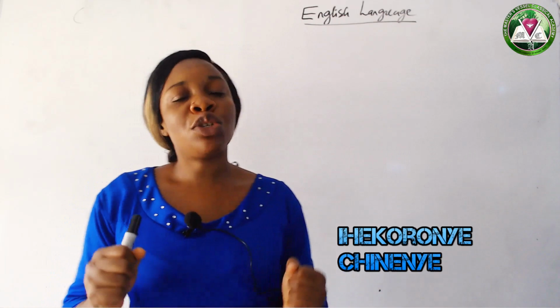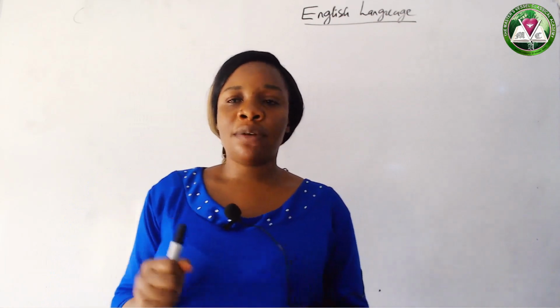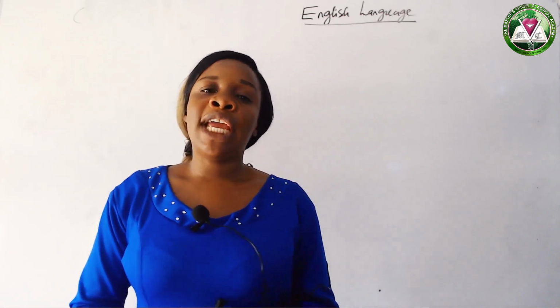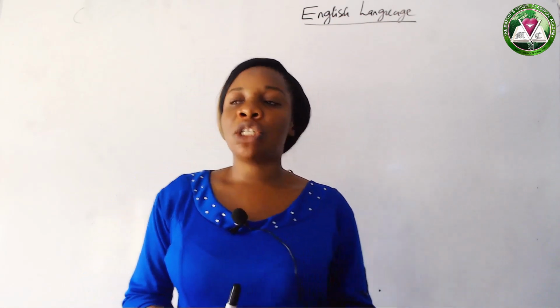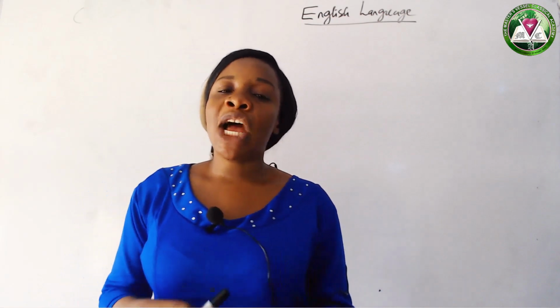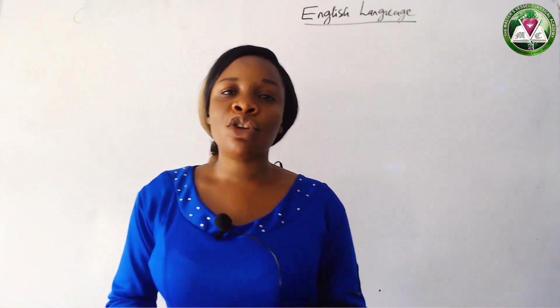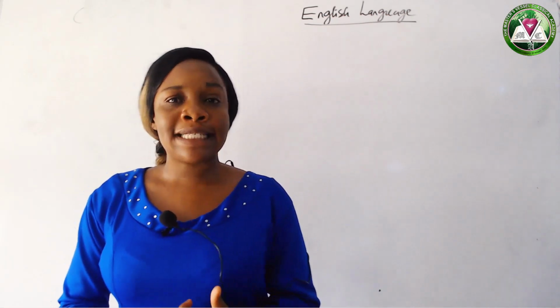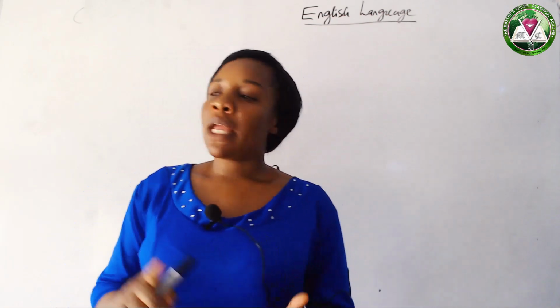Today, we're going to be talking about literature. You know, literature is an arm in English language. So we're going to be looking at literature. By the end of this lesson, you will be able to know the meaning of literature, that is, define literature.